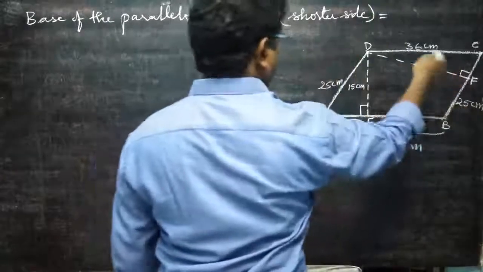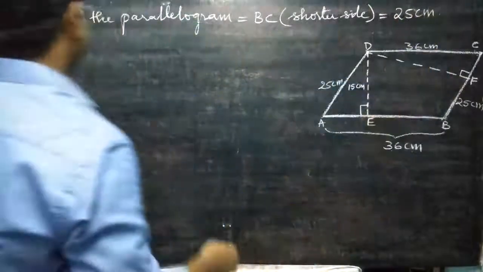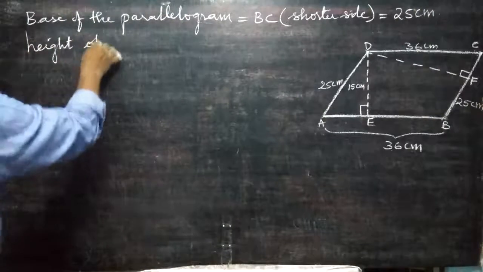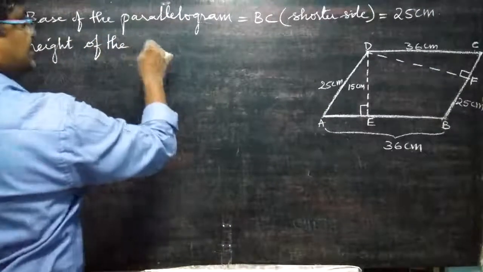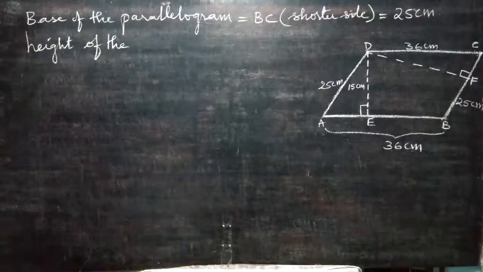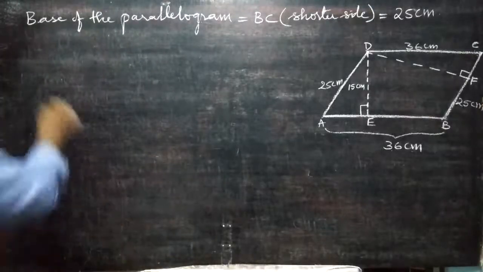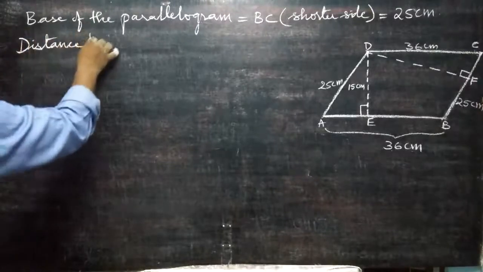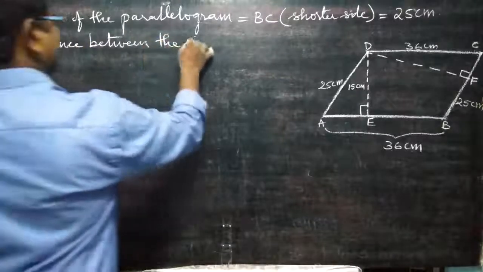Shorter side, one if we mention is enough, 25 centimeters. Height of the parallelogram is the distance between the shorter sides, that we will write.